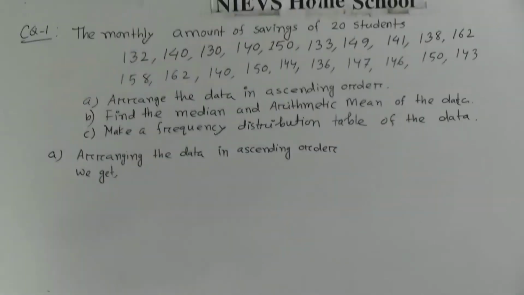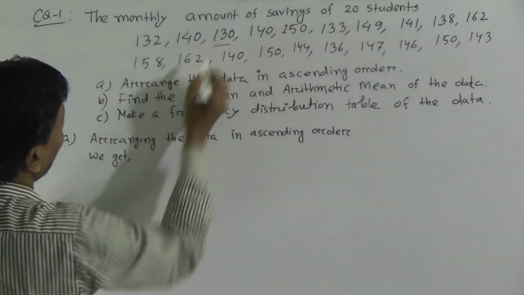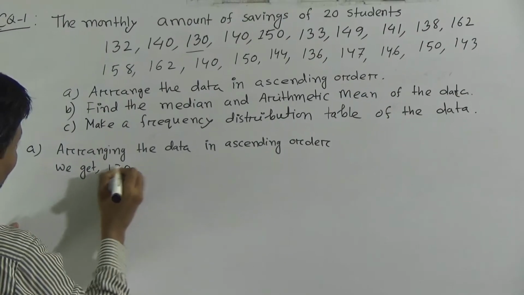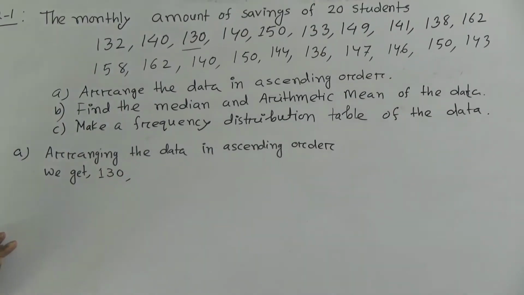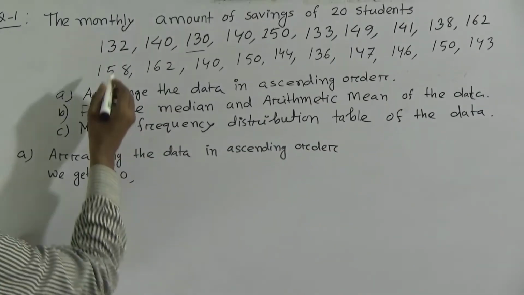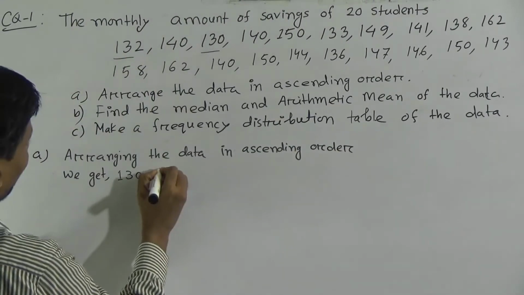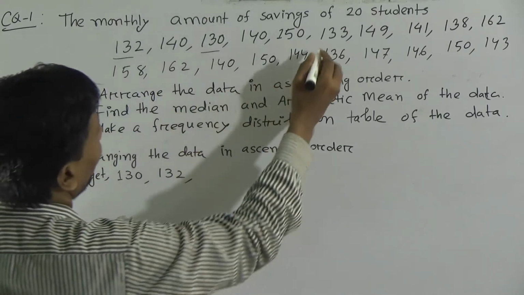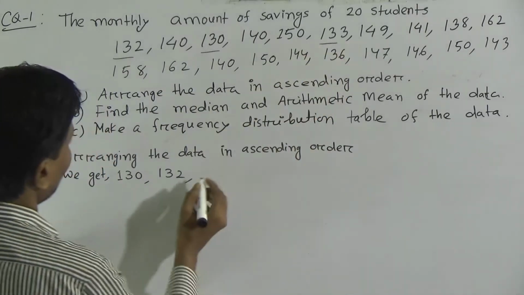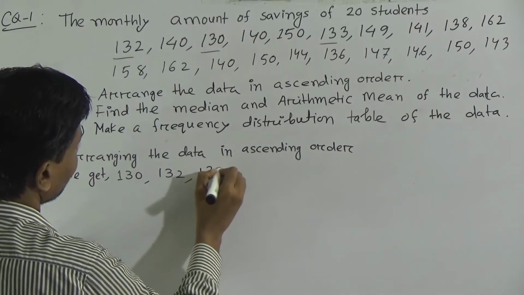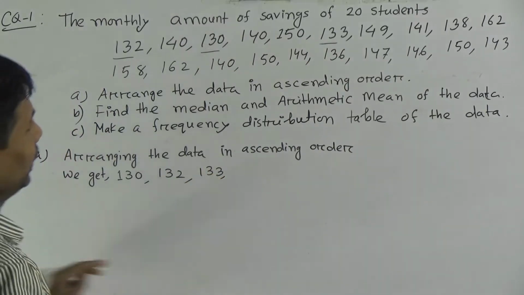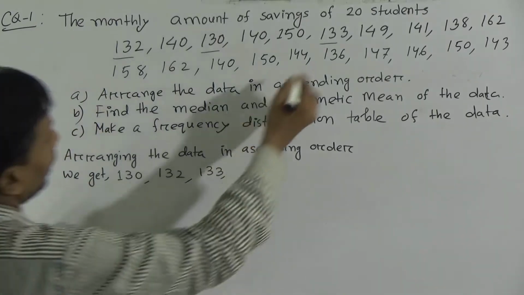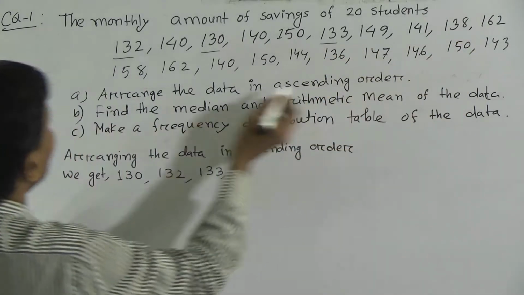Among the numbers you see 130 is the smallest, right here 130, then 132, 132, then 133, 133.